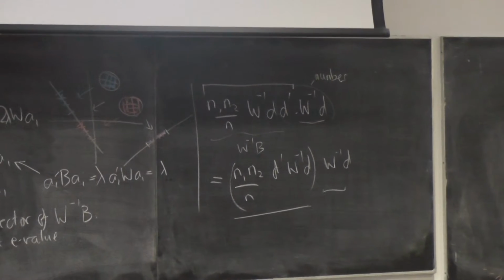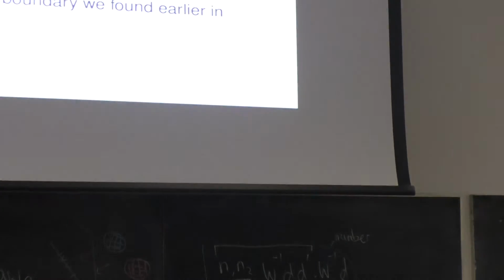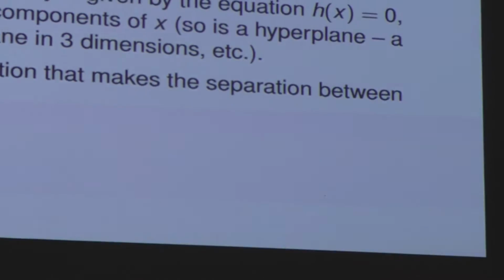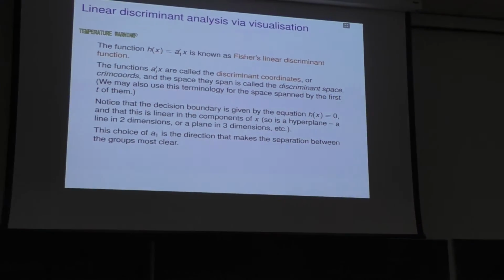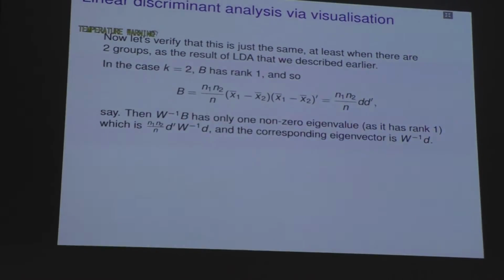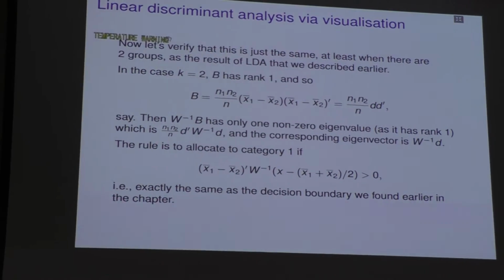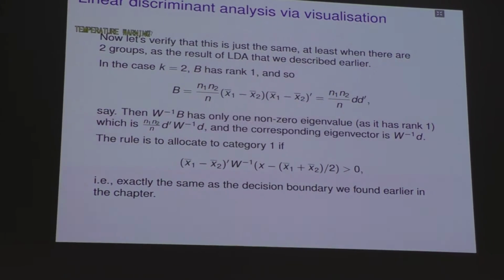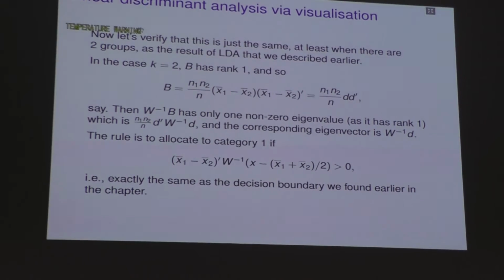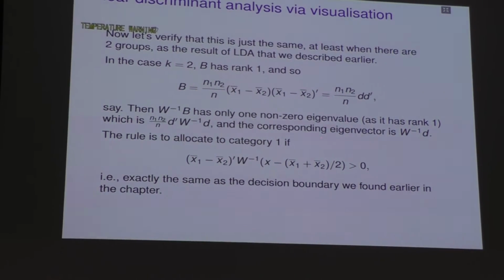And so now we can work out what our A1 x is, our value of h of x. So A1 is this vector here, W inverse times D, and D is x1 bar minus x2 bar.